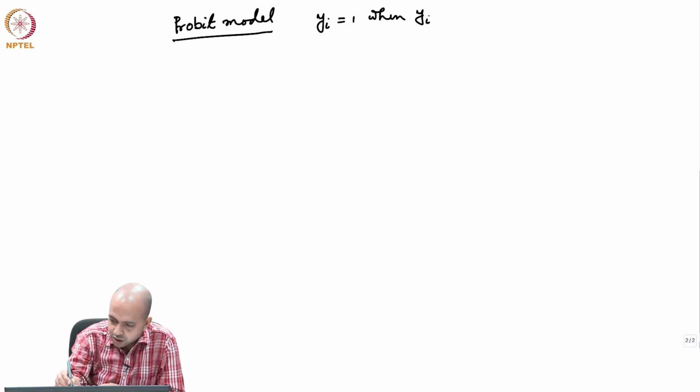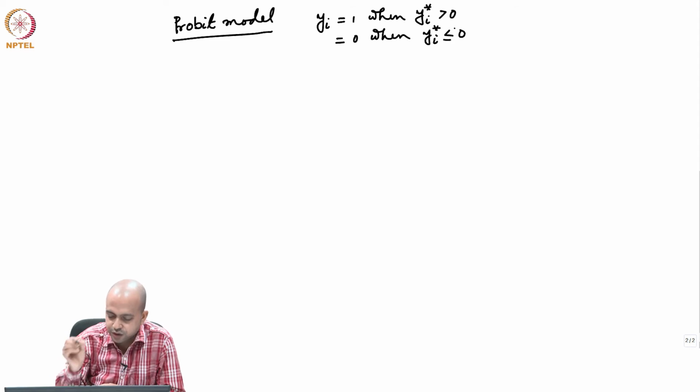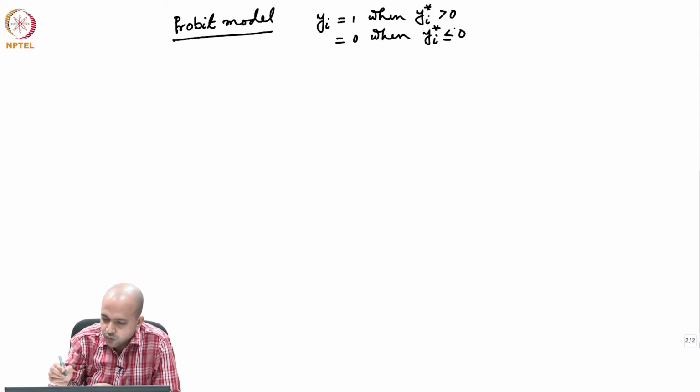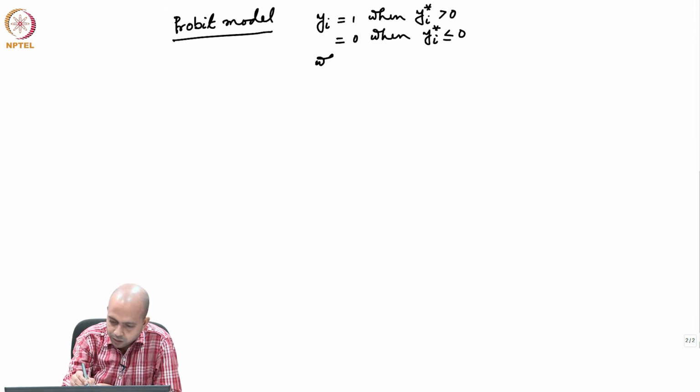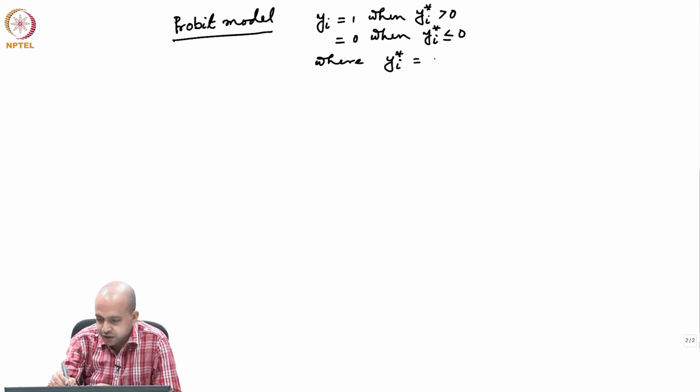If you recall, in the Probit model, yi equals 1 when yi star is greater than 0, and yi equals 0 when yi star is less than or equal to 0, where yi star equals beta xi plus ui.